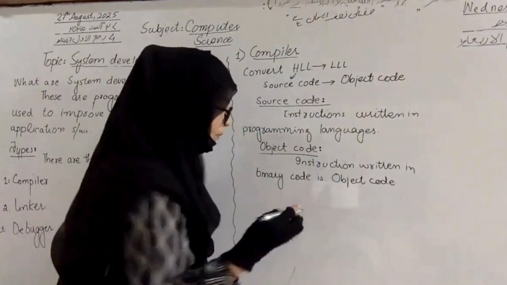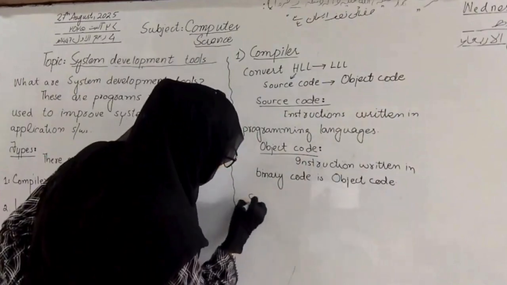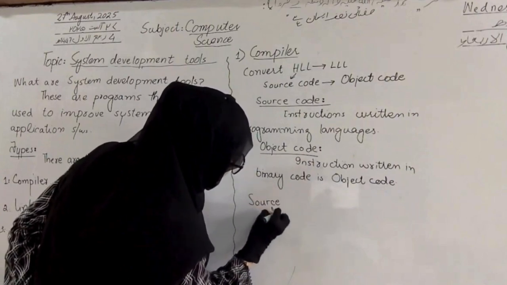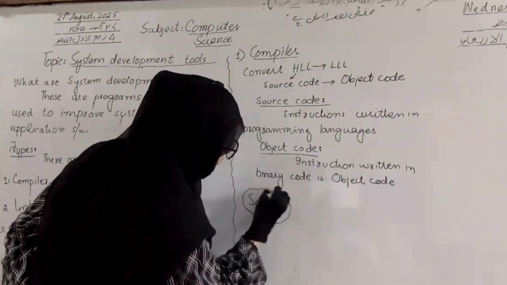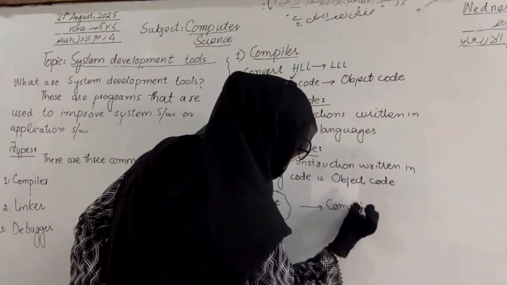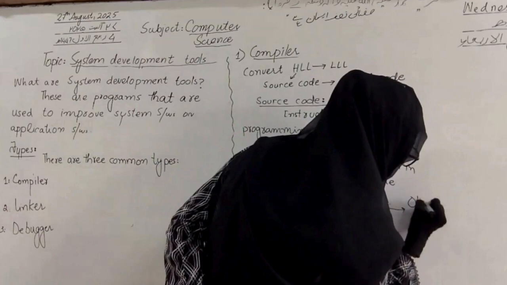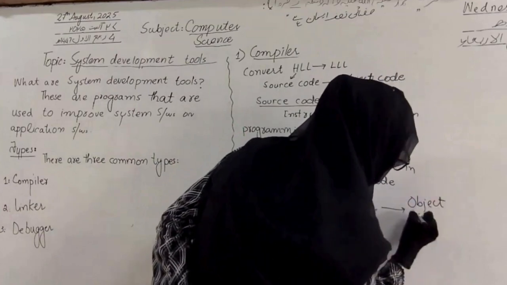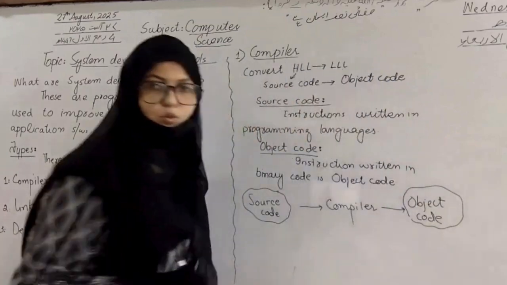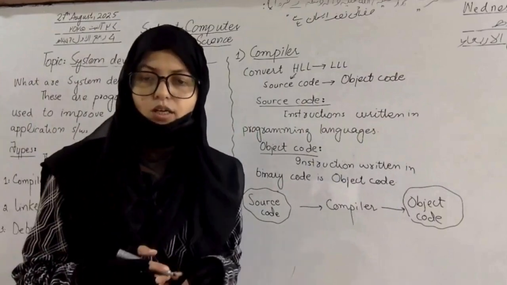A question can appear: how does a compiler work? You can say that first of all we will have the source code. In between we will have the compiler, and after that we will have the object code. This means that the compiler will convert the source code into the object code. This is how a compiler works.